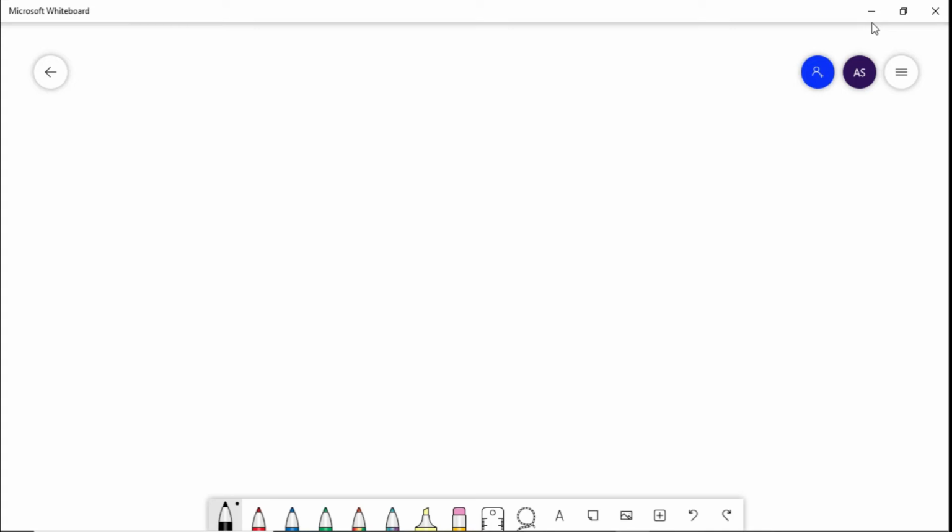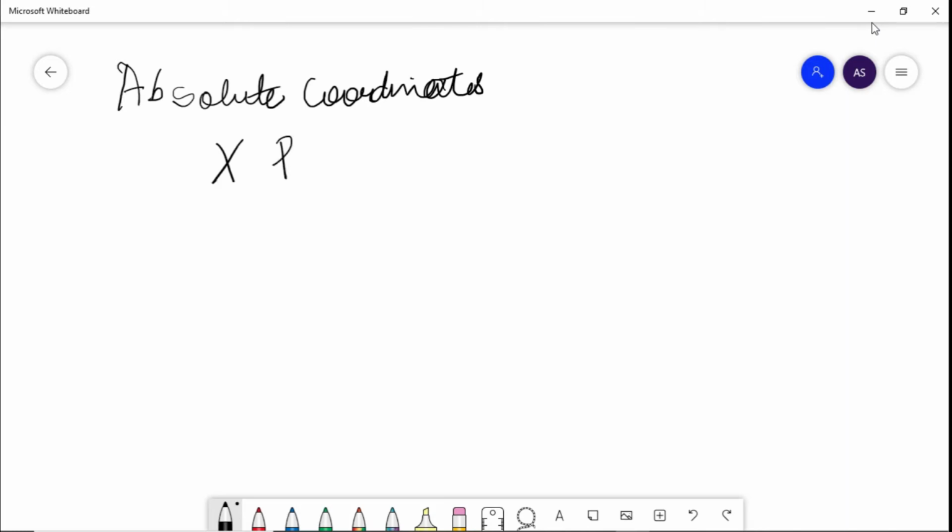Now there are various ways to draw a line. First you need to understand the systems. So this one is the absolute coordinate system. Now what do you mean by coordinates? Coordinates are in the form of x and y.